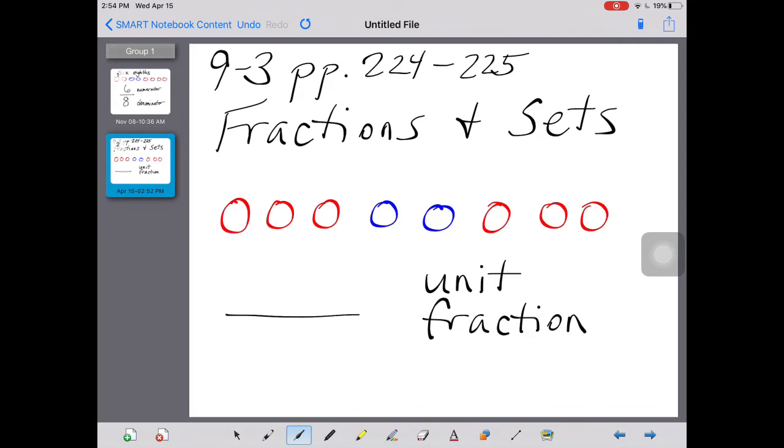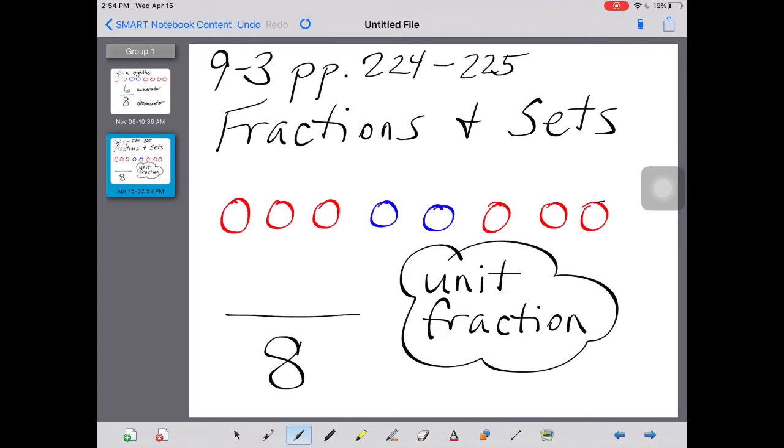We know that the bottom number, which is the denominator, represents how many total parts there are. So if I look at this, I go 1, 2, 3, 4, 5, 6, 7, 8. There's 8 parts, so our denominator is 8. If I want to look at the unit fraction, then I just need to look at one part. It doesn't matter what part, just one of them. Boom, 1. So in this group, the unit fraction would be 1/8.